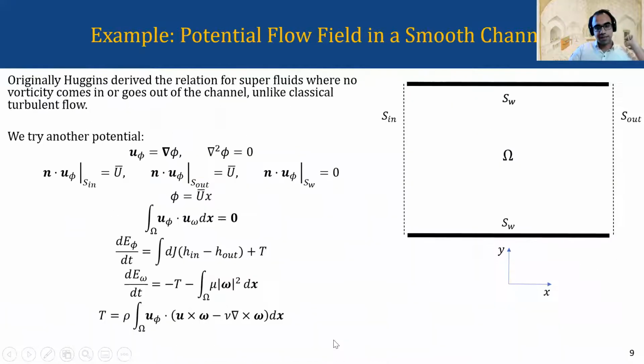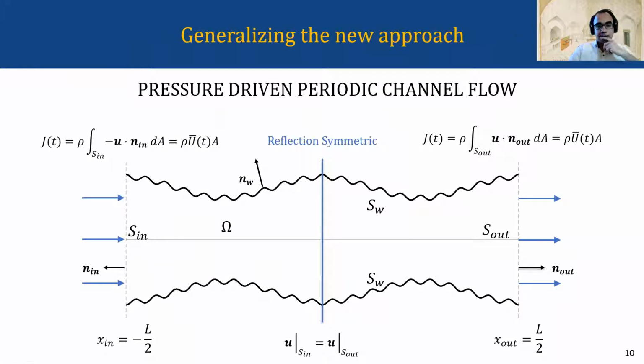by Professor Rank. And so we take this approach and we generalize it so that it's valid not just for this sort of smooth channel, but also for this sort of pressure-driven periodic channel, which is not just a smooth channel. So you can have some sort of roughness or variation as long as it's symmetric about this center, which is important.